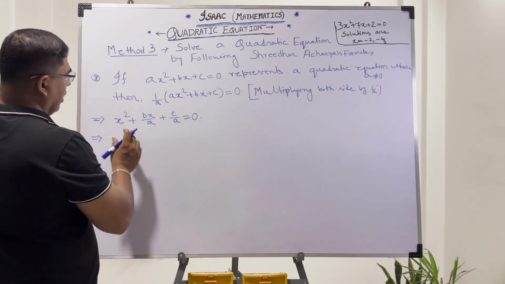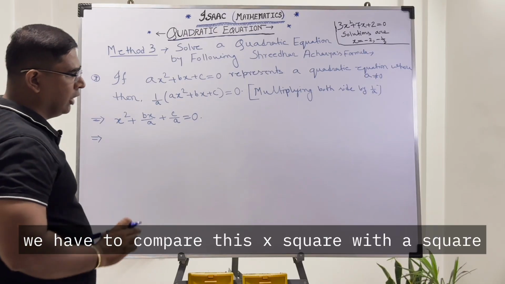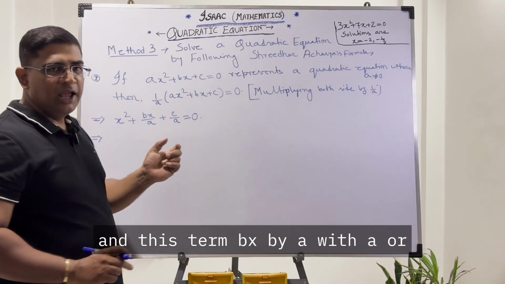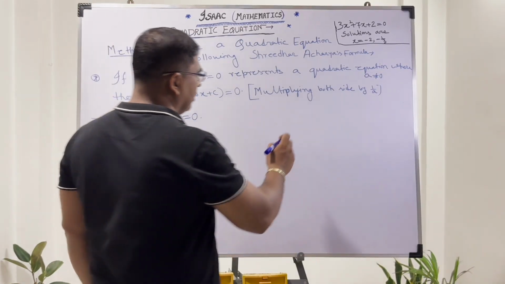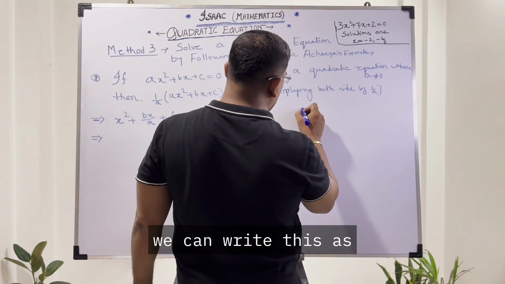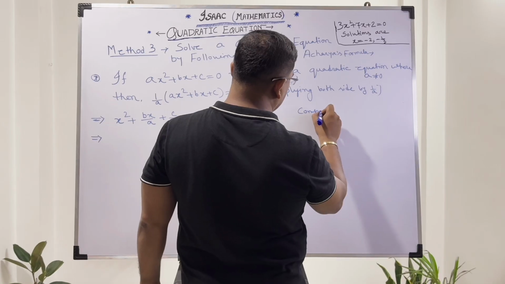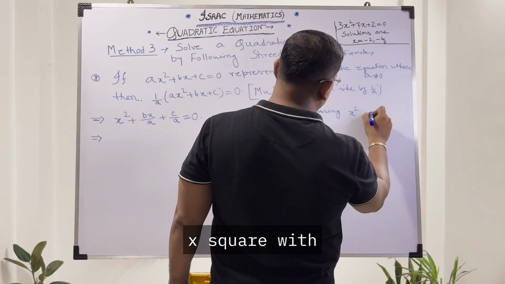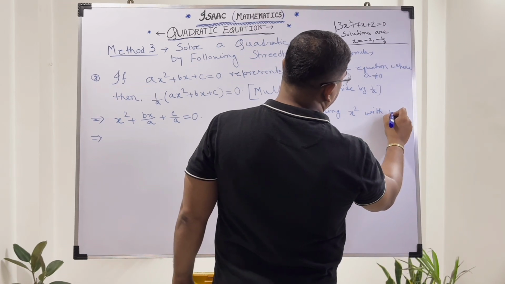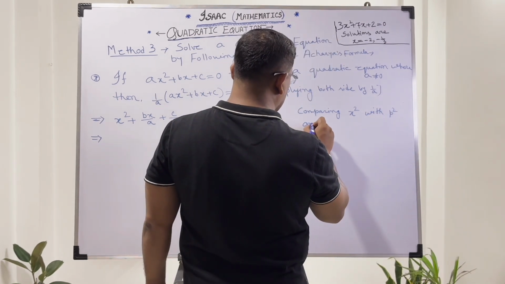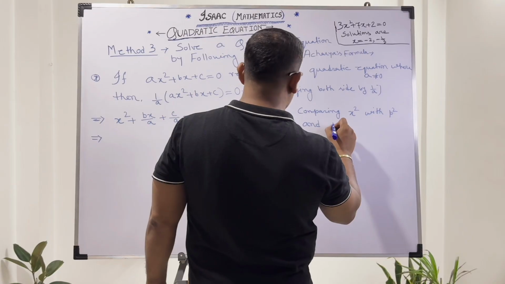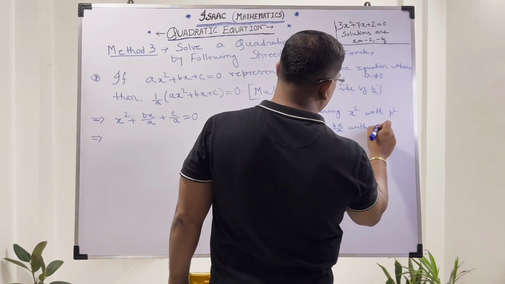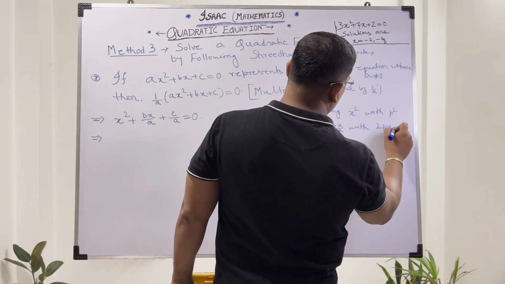Now, we have to compare this x squared with p squared and this term bx/a with 2pq.